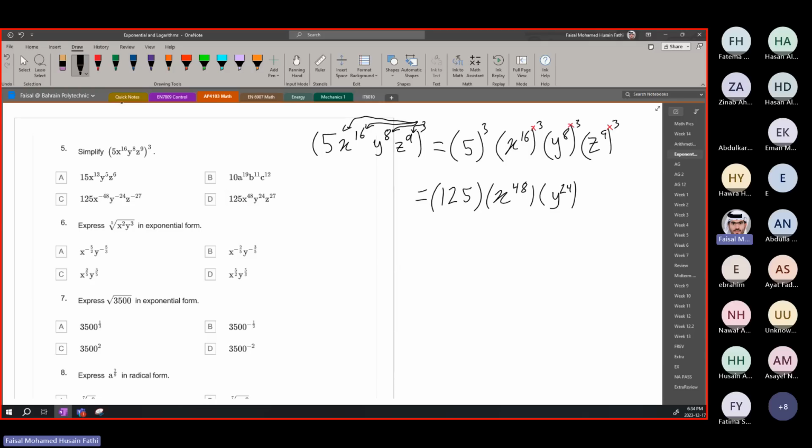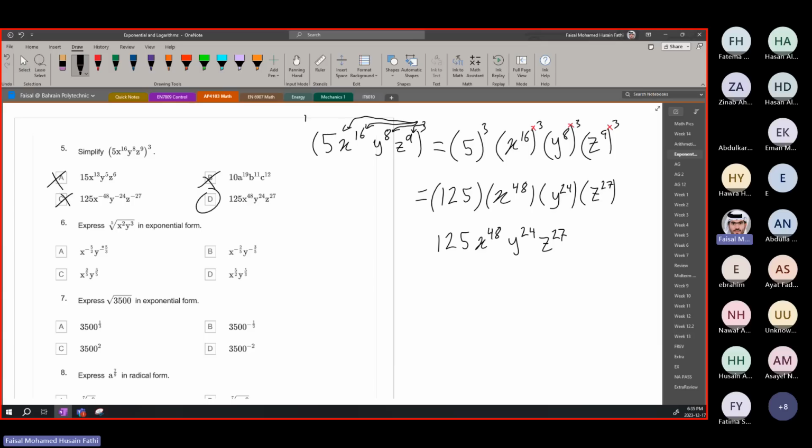And then z, 9 times 3, 27. And that's it. That's our final answer: 125 x^48 y^24 z^27. This is our answer. All right.